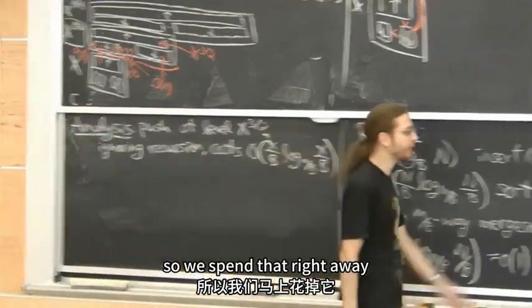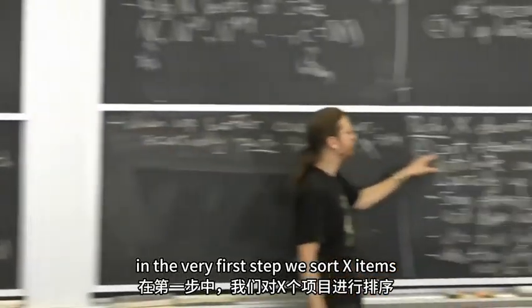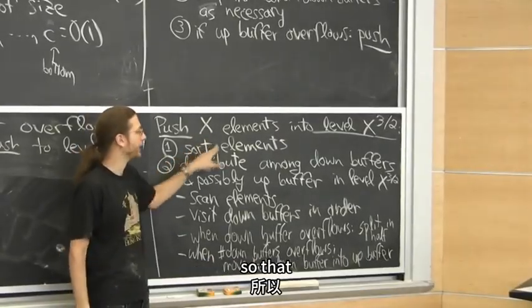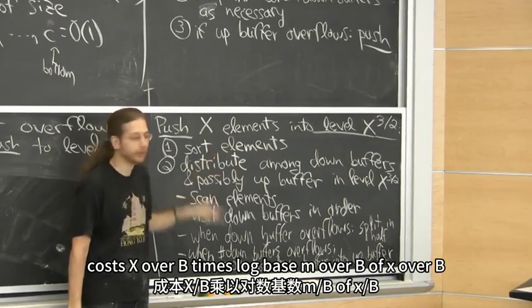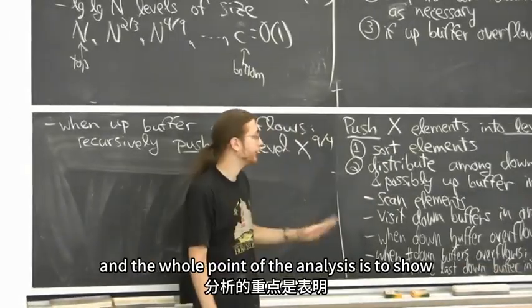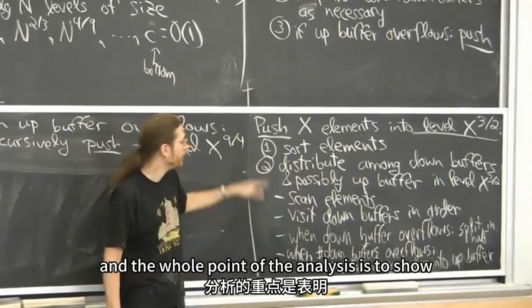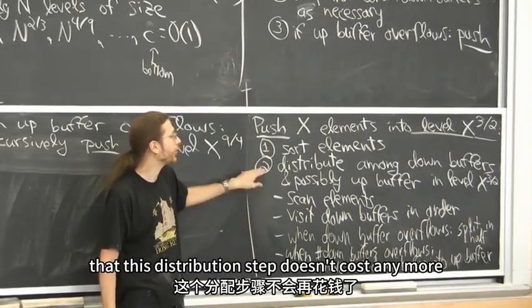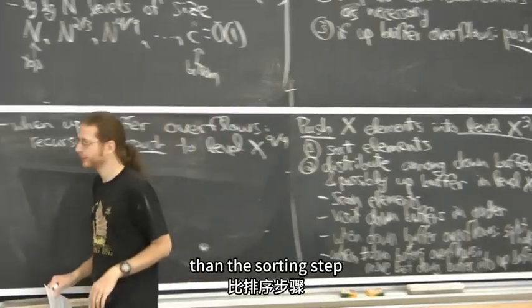So we spend that right away in the very first step. We sort x items. So that costs x over B times log base M over B of x over B. And the whole point of the analysis is to show that this distribution step doesn't cost any more than the sorting step.